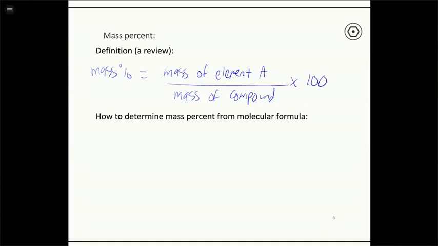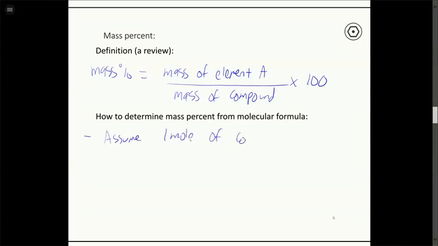So if we want to use the molecular formula to find the mass percent, we can assume that we have 1 mole of compound. Remember that mass percent is an intrinsic quantity, which means that no matter how much of the compound you have, whether it's 1 microgram or 1 megagram, or however much you have, the mass percent is the same.